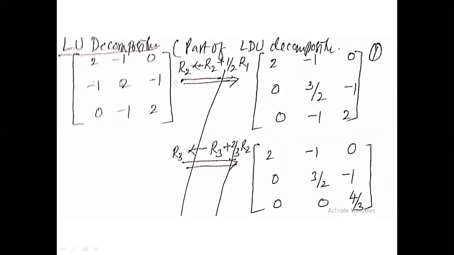Then 2 plus half into -1 gives 2 minus 1 by 2, which is 3 by 2. And -1 plus half into 0 remains -1. So the first job is done: we have been able to convert this -1 into a 0.